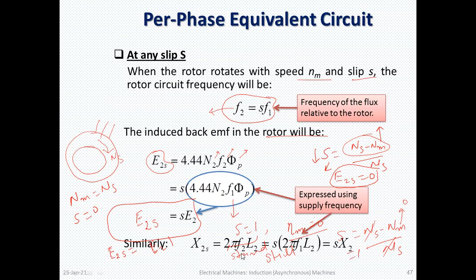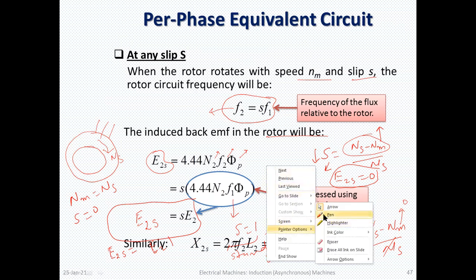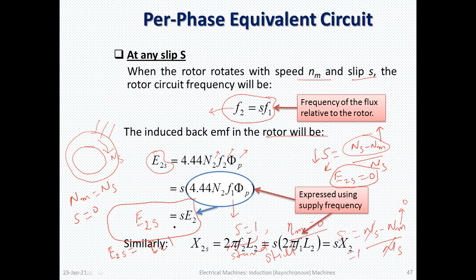So the rotor generalized reactance will be X2S equal to S into X2, and X2 is the reactance at supply frequency F1. This relation we have to keep in mind. This is a very useful relation.